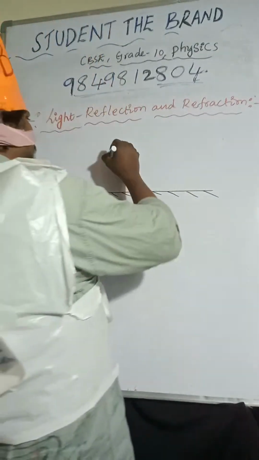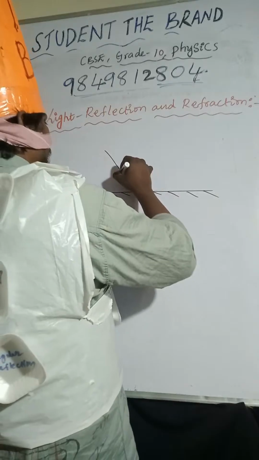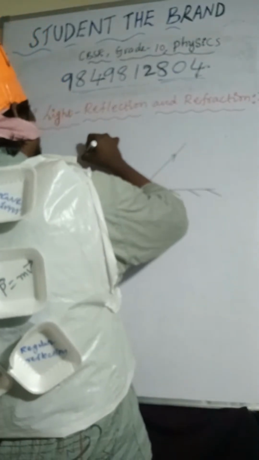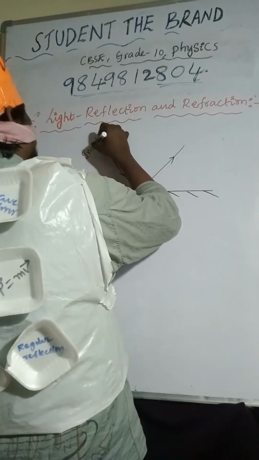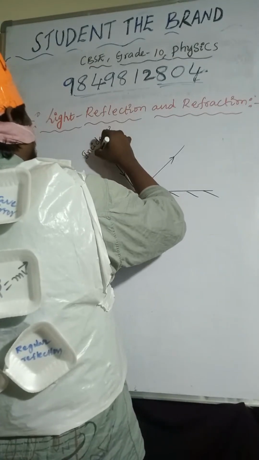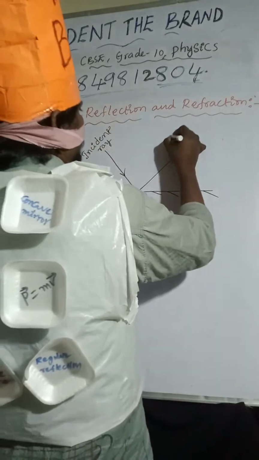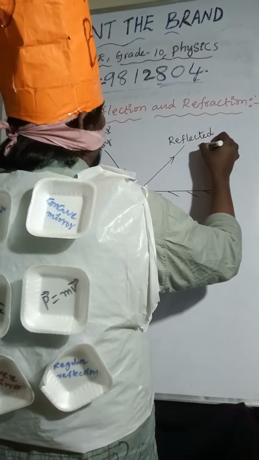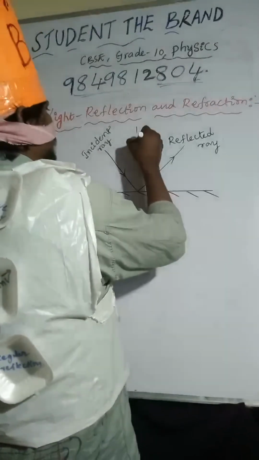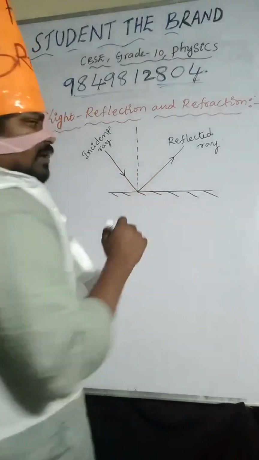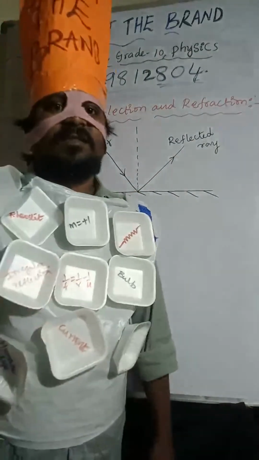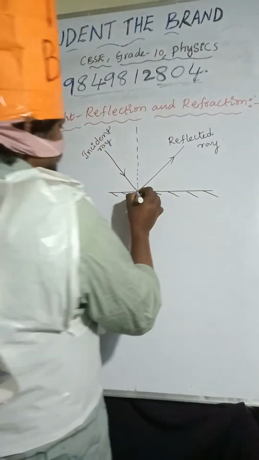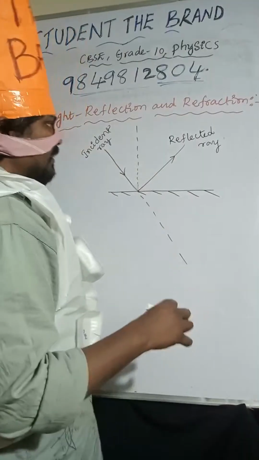The light ray which is incident on it is the incident ray, and this one is the reflected ray. The line which is perpendicular to the surface is called the normal line. And this is the undeviated line.